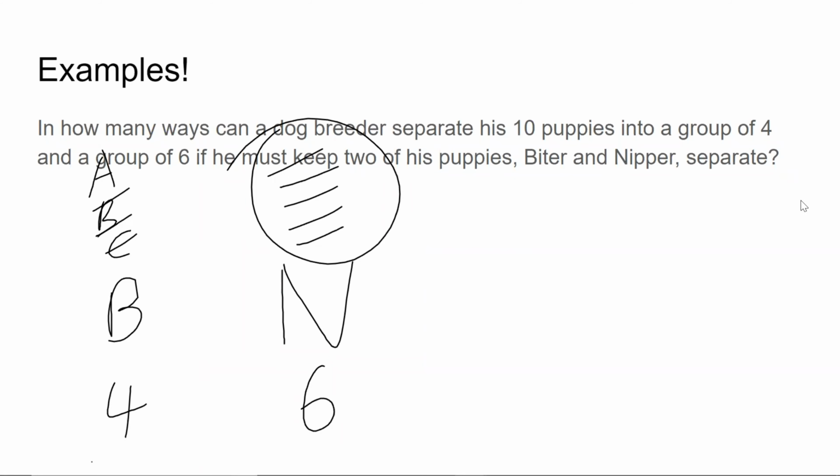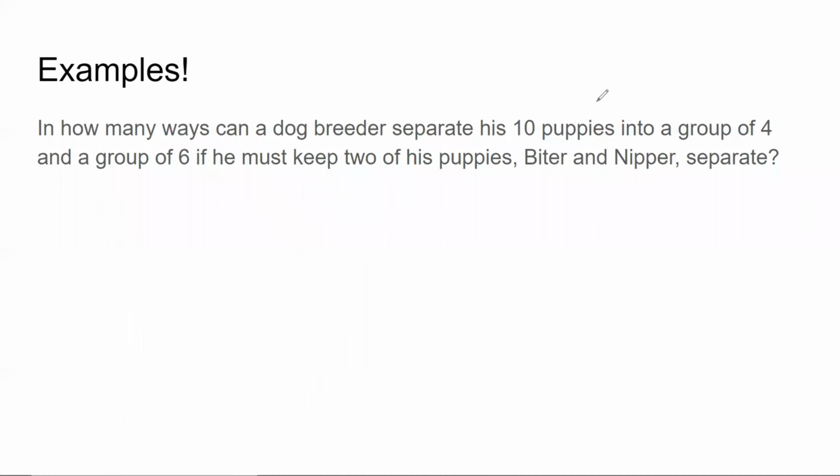Okay, so let's get started here. We can approach this problem with casework. Keep in mind that he must keep Biter and Nipper separate. So that means if Biter is in group 1, then Nipper has to be in group 2.